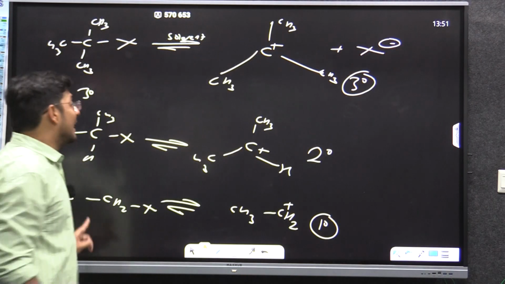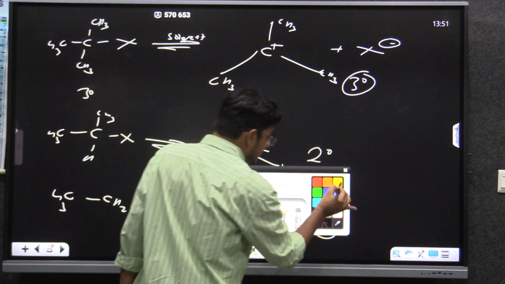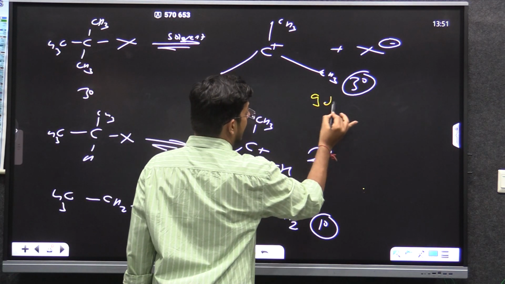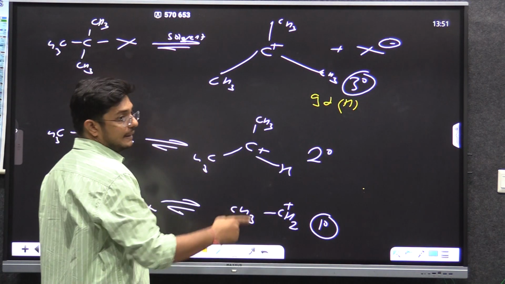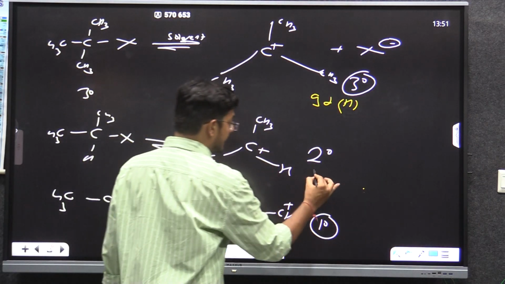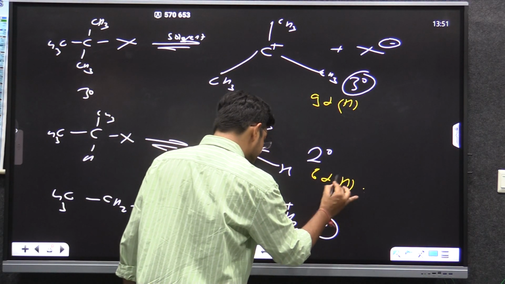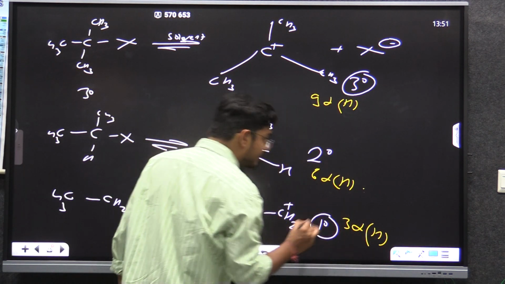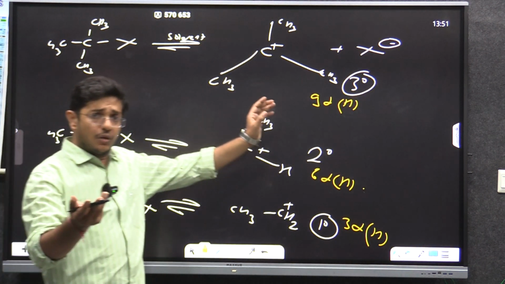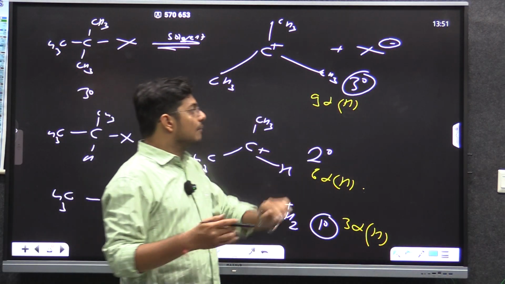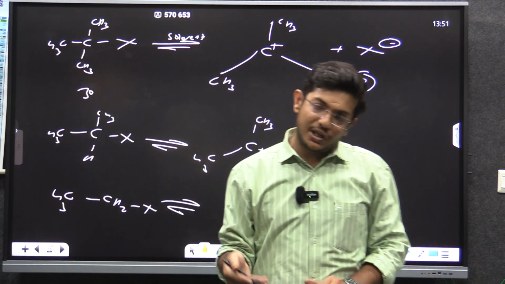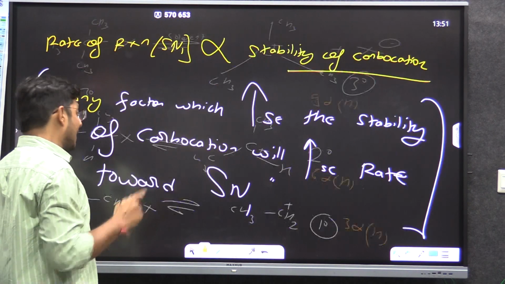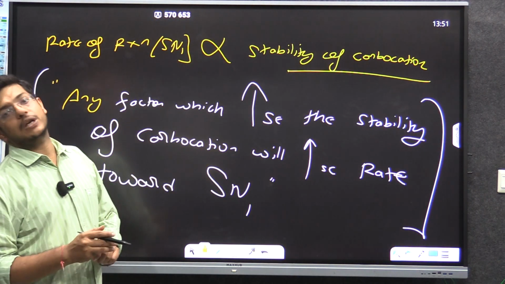Now, as we know, the 3-degree carbocation contains 9 alpha hydrogens, the 2-degree carbocation contains 6 alpha hydrogens, and the 1-degree carbocation contains 3 alpha hydrogens. As we know, the more the number of alpha hydrogens, the more is the hyperconjugation, the more stable is the carbocation, and hence the faster is the rate of reaction.